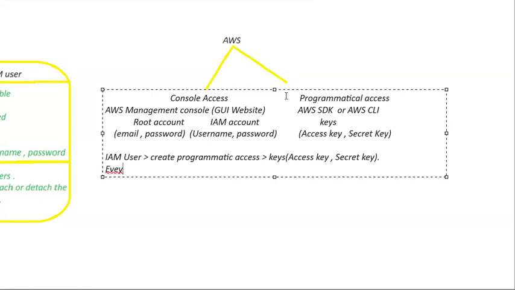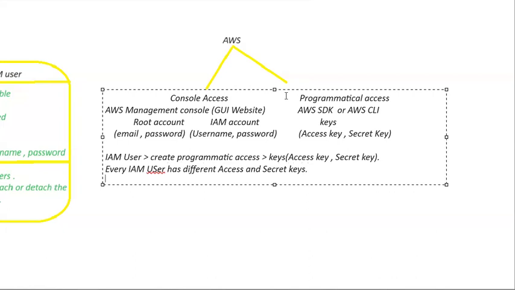That means every IAM user has different access and secret keys, right? Then only AWS can identify the particular user.